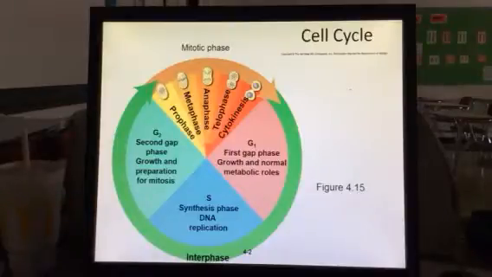The DNA has to copy itself before the cell divides so that there's enough DNA for 2 new cells, because once we have 2 new cells, we want them both to have a full set of DNA. Then the next part of the cell cycle is called G2. Again, I like to remember G for growth, because the cell is still continuing to grow in this phase.